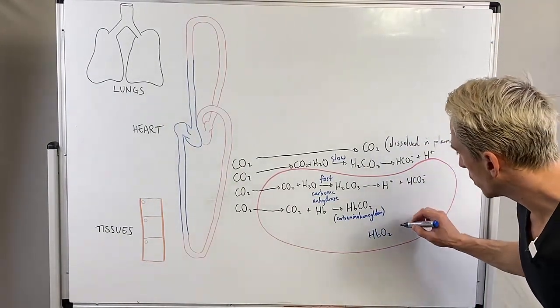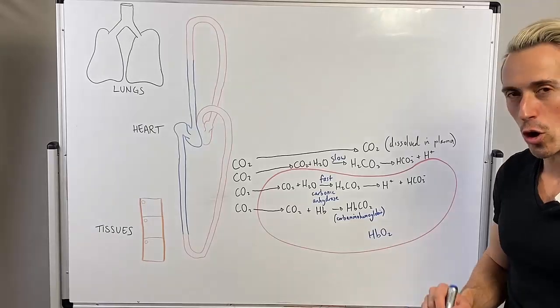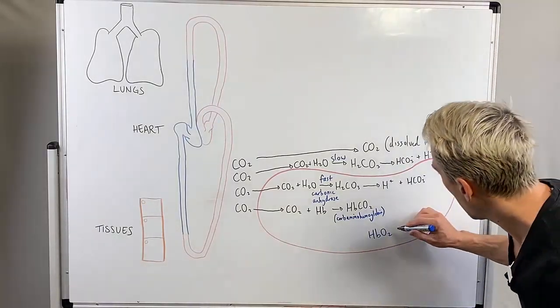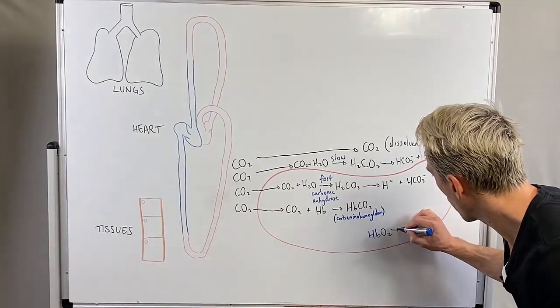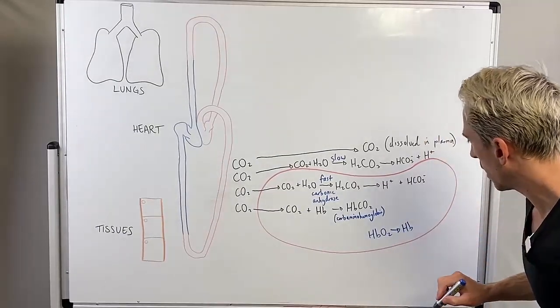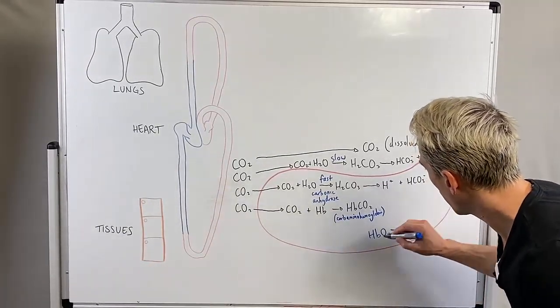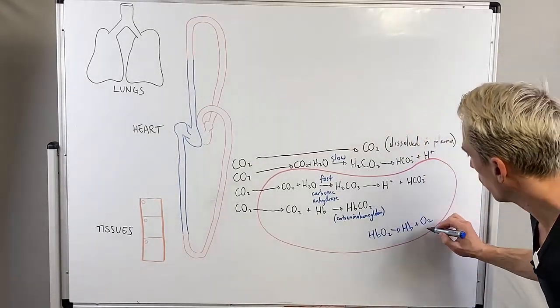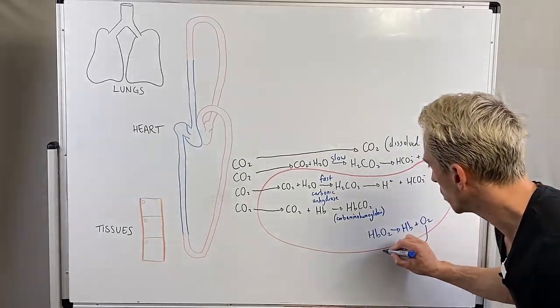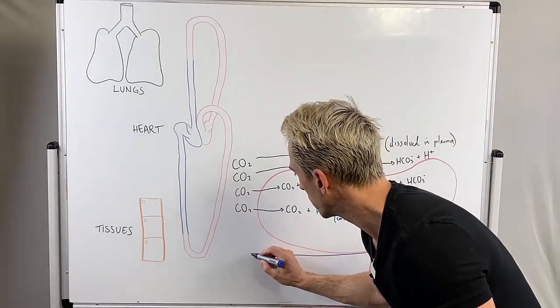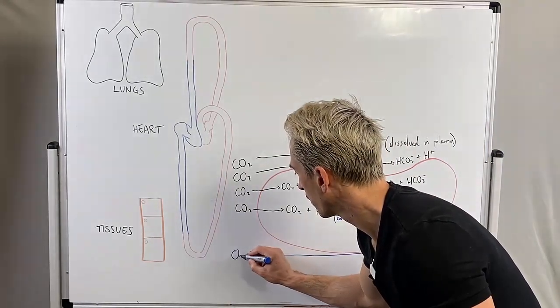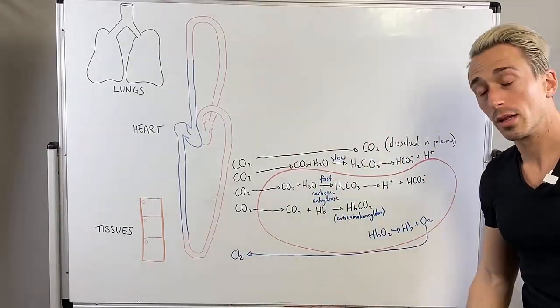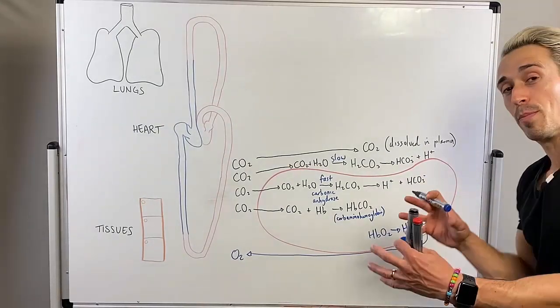But what we need to do is dissociate that oxygen from the hemoglobin, give up that oxygen, and now we can get that oxygen out and send it to the tissues. So that's one way that oxygen is transported, bound to hemoglobin.